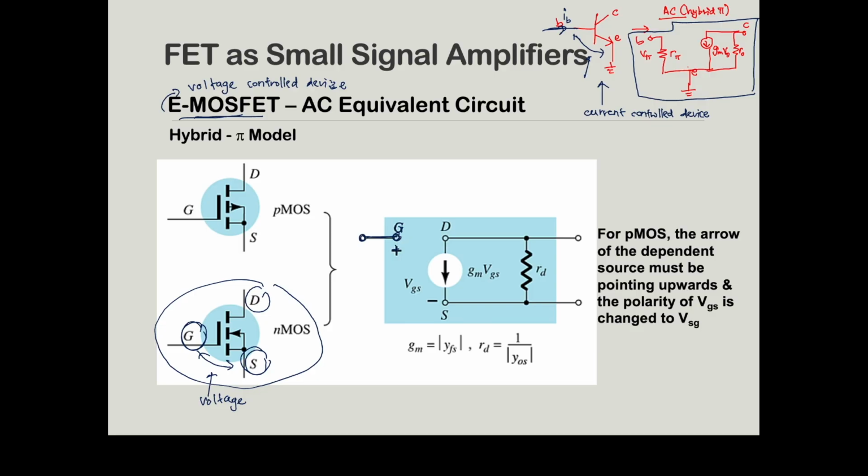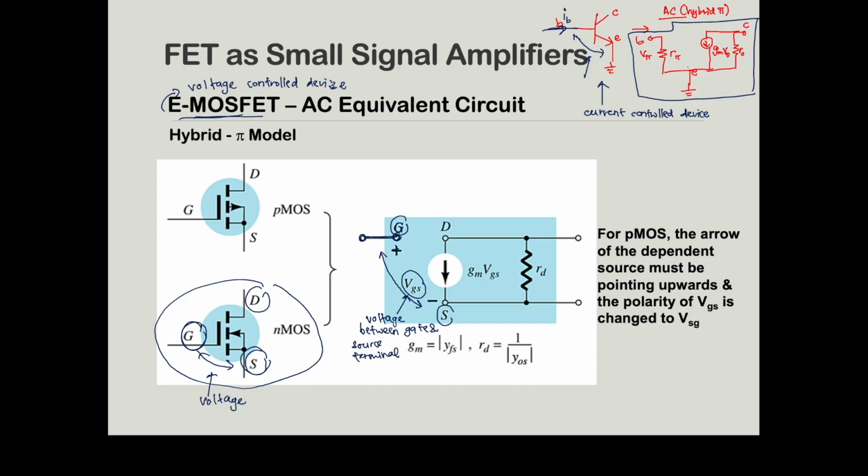Here is positive and here is negative. This is your gate, this is your source. Between the gate and the source, we have VGS, the voltage between the gate and source terminal.